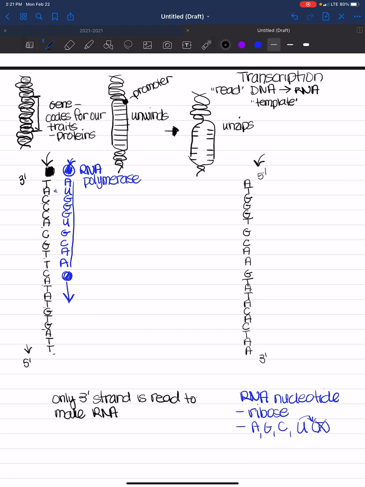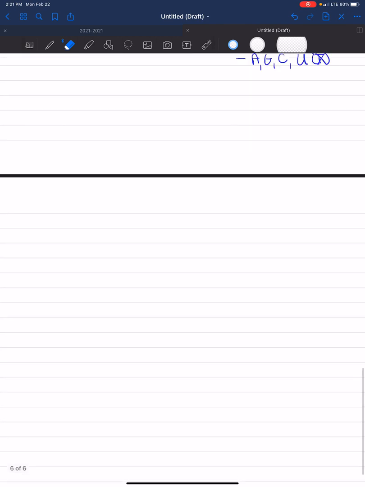When it gets to the end of the gene, the RNA is going to break off away from the DNA template. So you have your 3' strand of DNA.